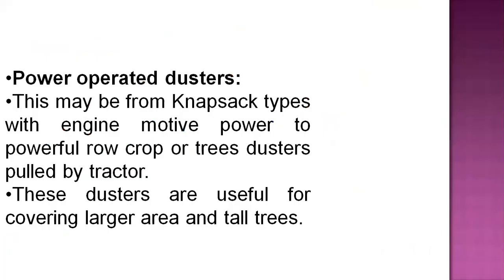This may be of knapsack type also, with an engine providing motive power, for powerful row crop or tree dusters, which are pulled by a machine like a tractor. These dusters are highly useful for covering larger areas and tall trees in very little time, and are used in many orchards.